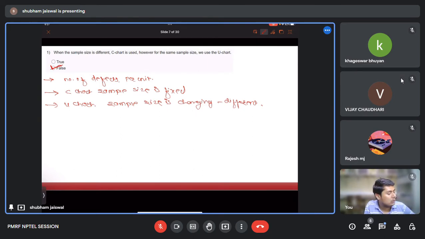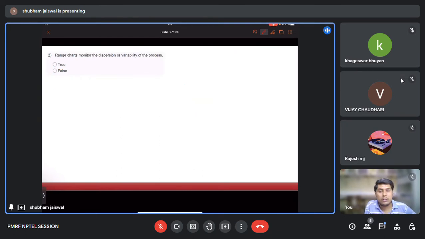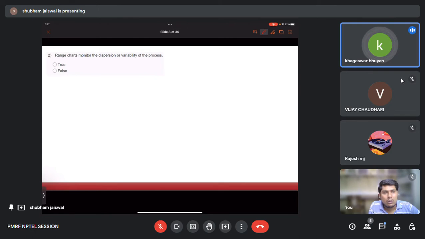Now our second question: range chart monitors the dispersion or variability of the process. Is it true or false? It's saying the range of maximum minus minimum.